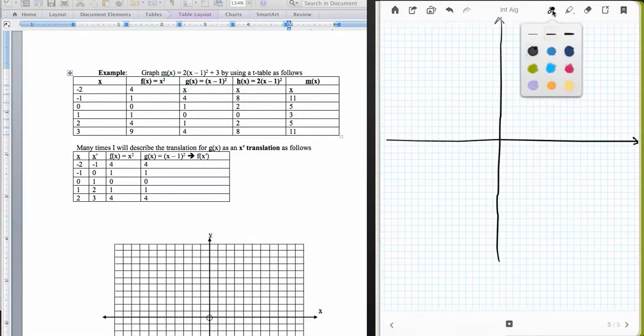So what I'm going to start off with is just the traditional function, the y equals x squared function. So I've got my 0, 0, I've got my 1, 1, negative 1, 1, my 2, and then let's see, that's 2, 3, 4, and my negative 2, and my 4, and then I have the 3, and I have a 9, so that's 5, 6, 7, 8, 9 there.